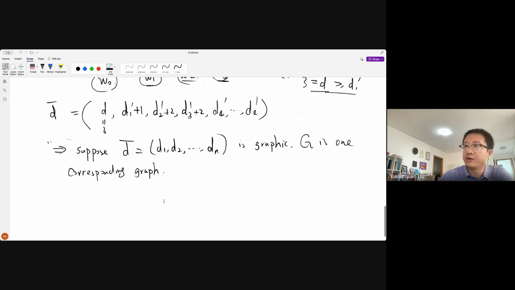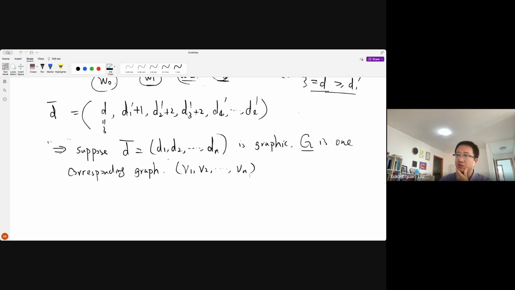So I really want to find another graph starting from G. Again, for convenience, we have V1, V2, Vn like this. The degree of V1 is D1 like before. But this is not enough.